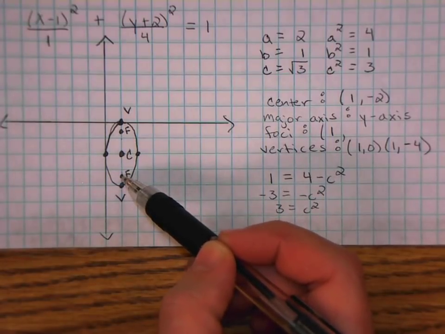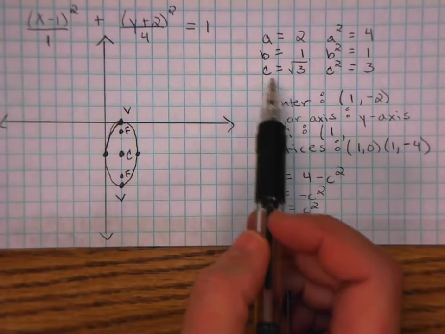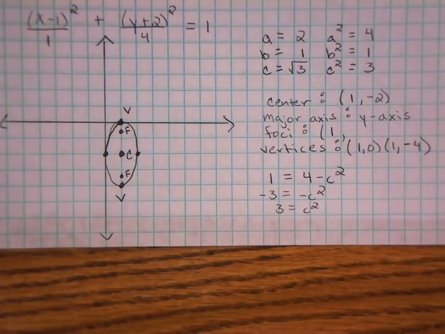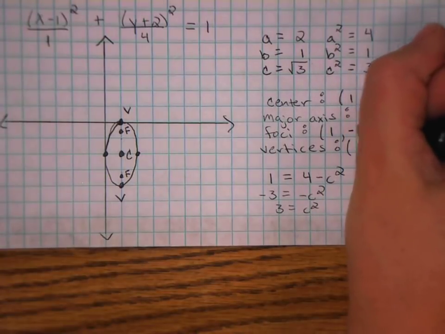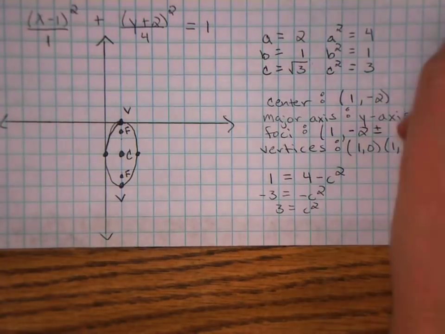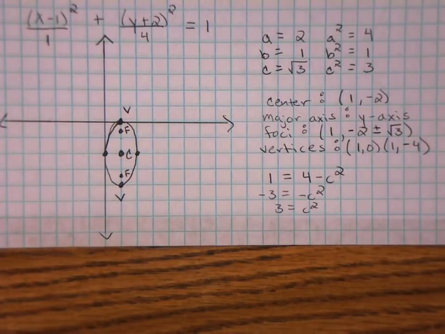And the reason I'm saying square root of 3 is because that's the distance to your focus from your center. So I know my center is at -2 for a y value, and I'm going to write that I would have added and subtracted the square root of 3 to that in order to get my additional points. So you can write that as 2 points or just 1.